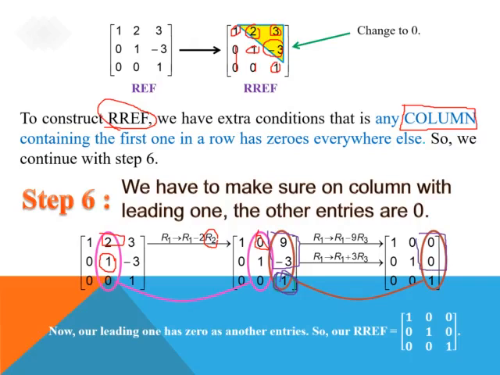So same, using the leading one at row number 3. Okay, so finish. Now our leading ones have 0 as other entries. So our RREF is an identity matrix.